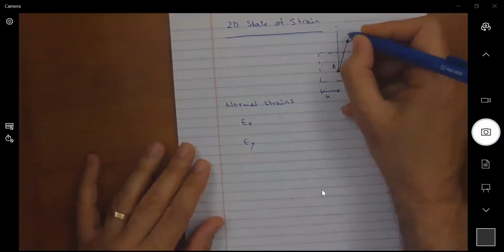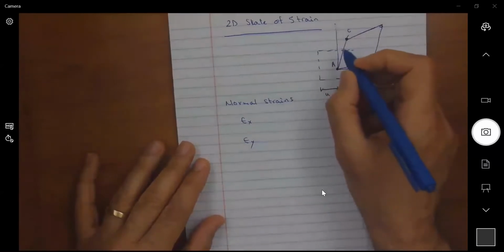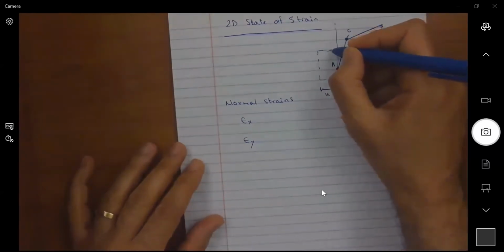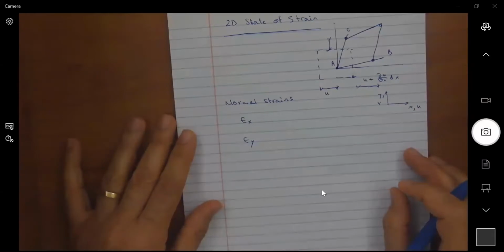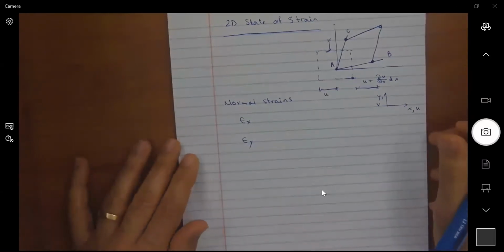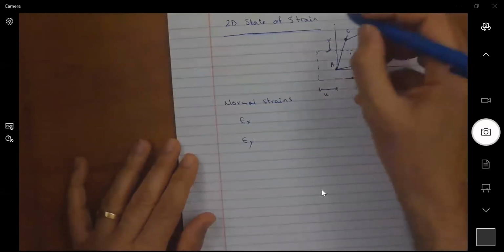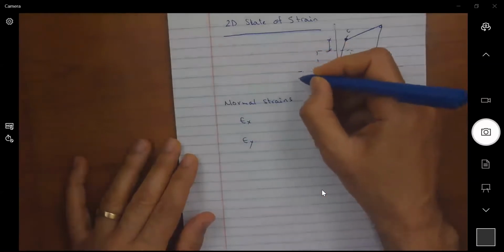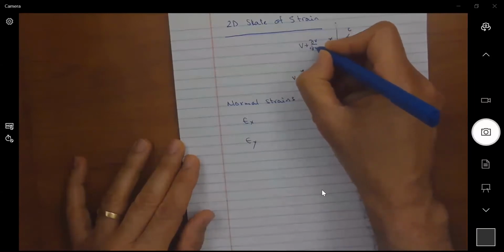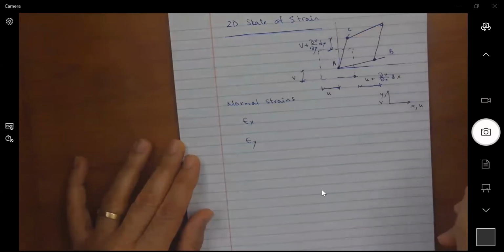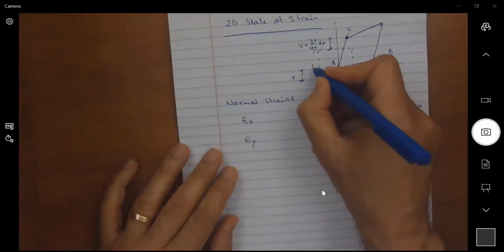If I call this point C and measure the distance that it moved from its original position, I will have here of course displaced distance v, and this has displaced distance v plus dv by dy times dy, where of course the infinitesimal block has dimensions dx by dy, right?